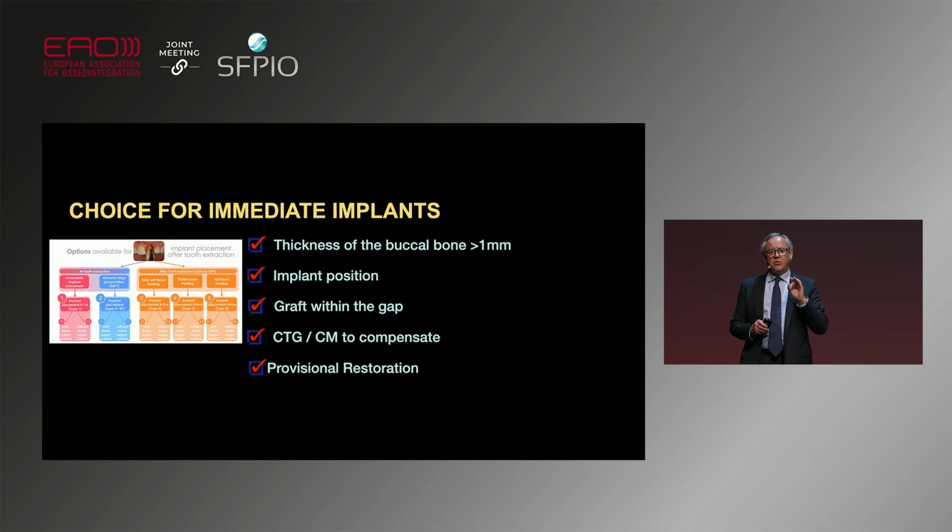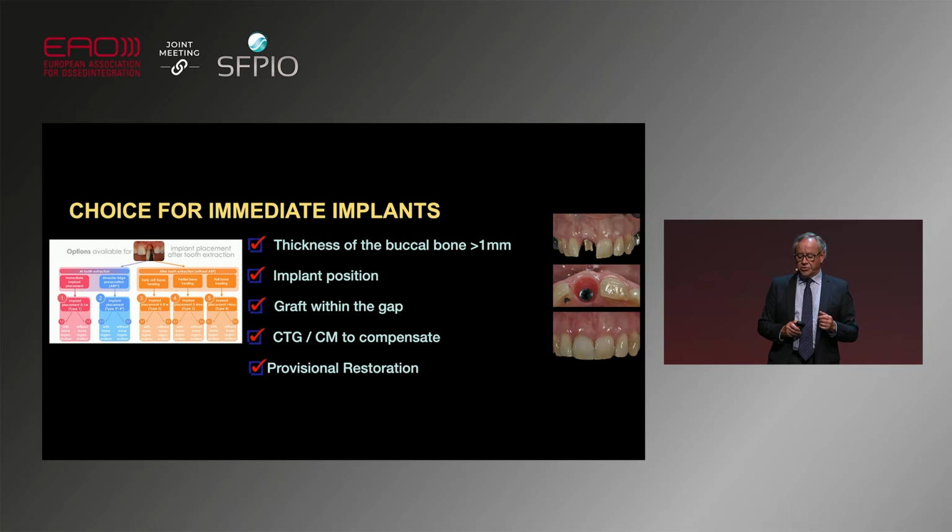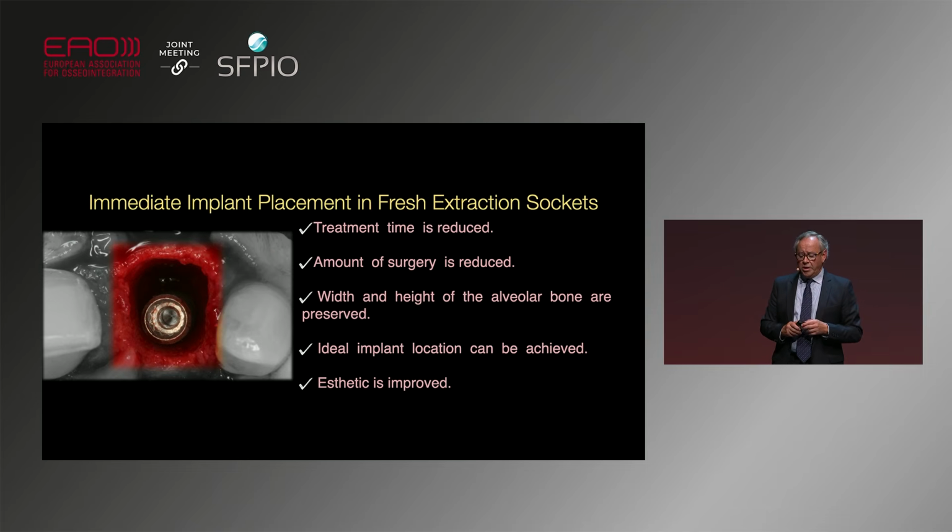It's very important to have a gap. The bigger the gap, the better, but it's critical to graft the gap if I have thin buccal bone. And it's very important to compensate with either soft tissue substitutes or autologous soft tissue grafting together with the provisional restoration. And then we will get the results that we really want.